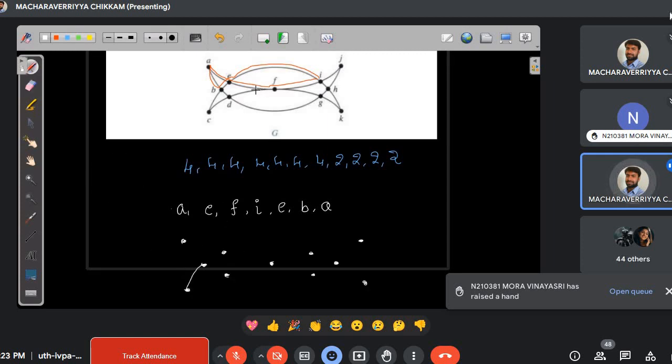That picture looks very nice, but the picture that I am going to draw may look horrible. So I need to remove the AE edge. We have this. Is fine.